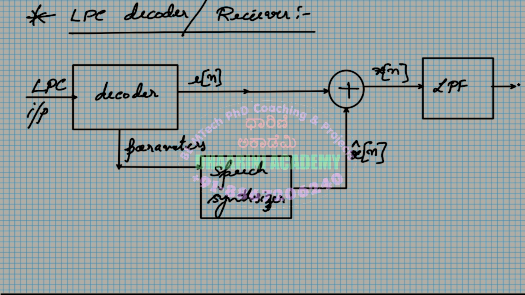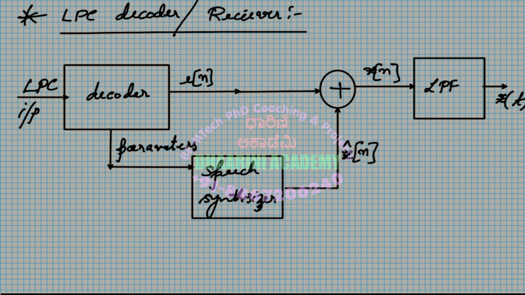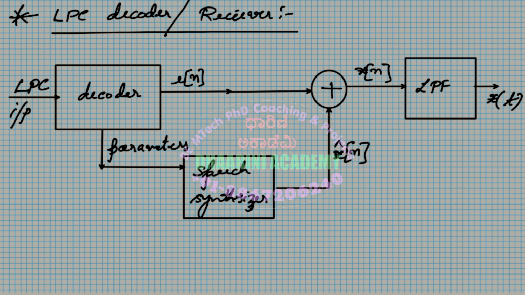So once you have that, you get back your signal denoted by x of t. So starting from the LPC, which is present on the left side, it passes through each and every element we see here, so that we get the speech signal back.